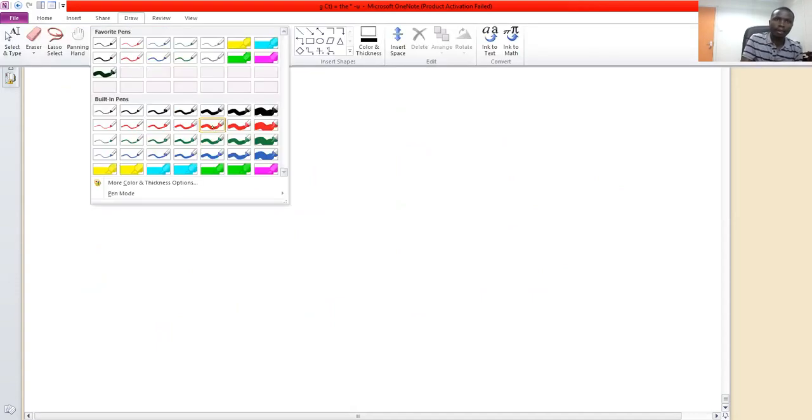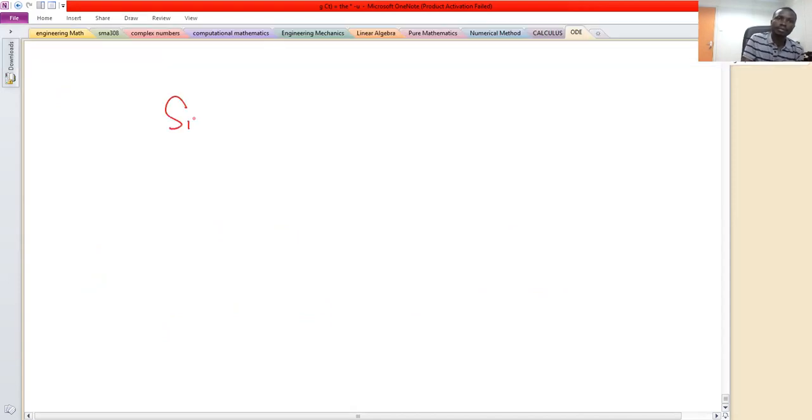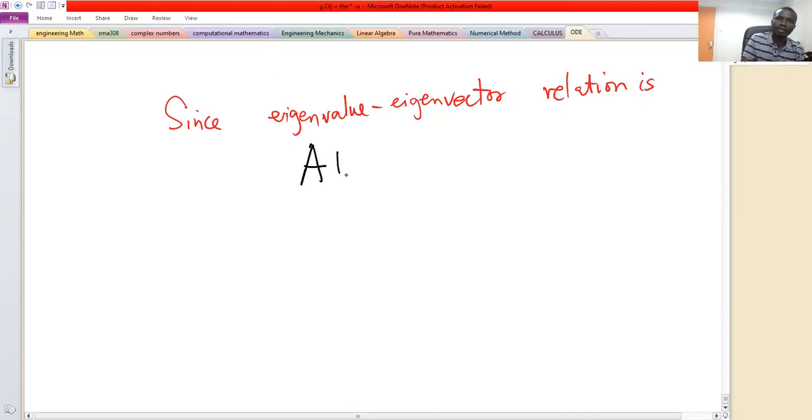Now, the eigenvalue, eigenvector relation is that if you have a matrix A, you multiply by the eigenvector, you get lambda, the eigenvalue, times the same eigenvector u.